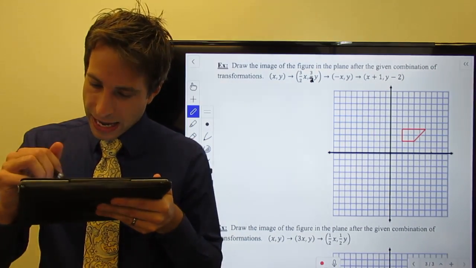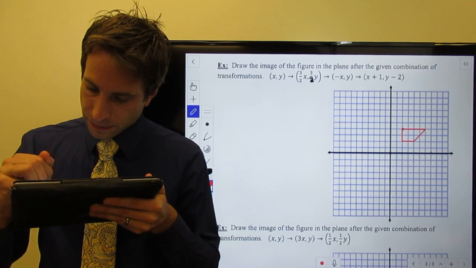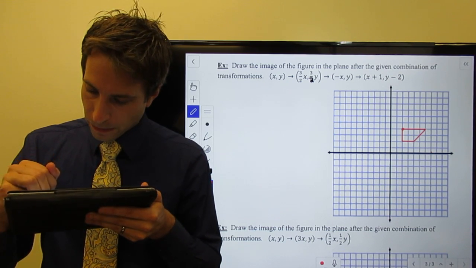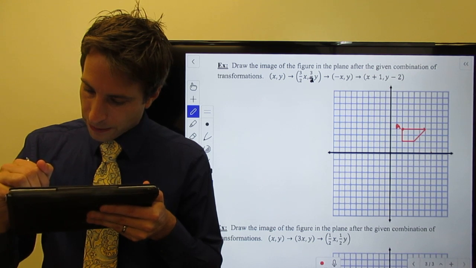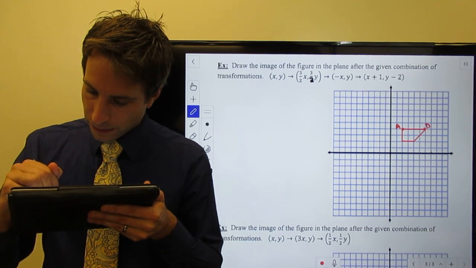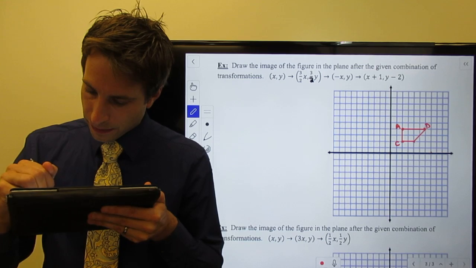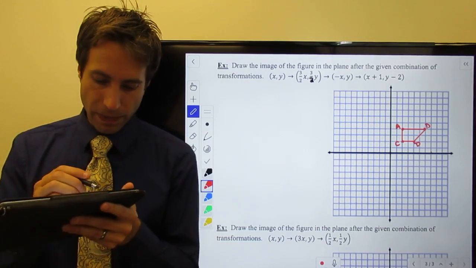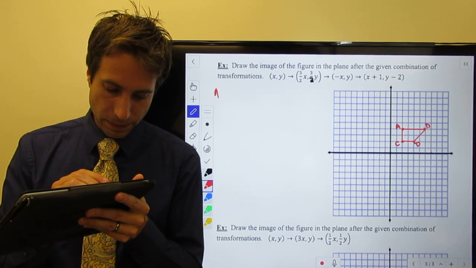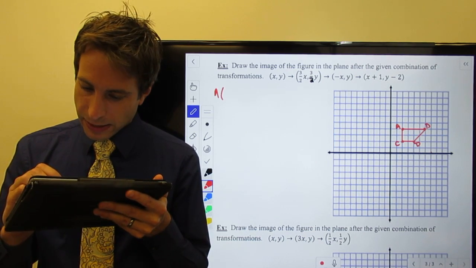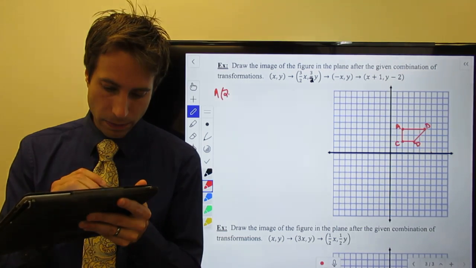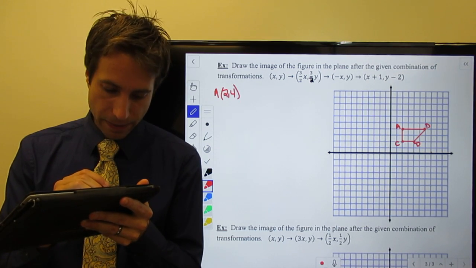First, my vertices, A, B, C, and D. All right, awesome. Here we go. A is at, let's see, positive 2, 4.